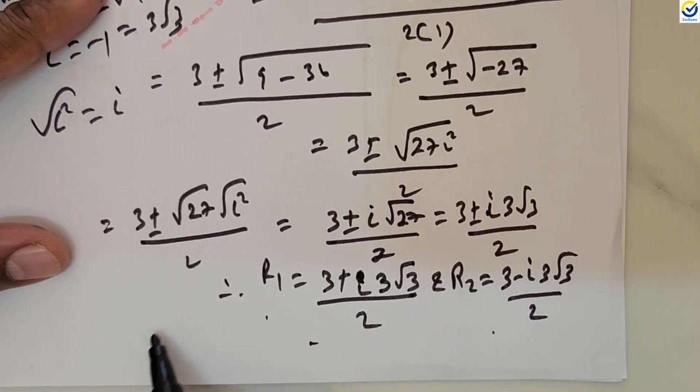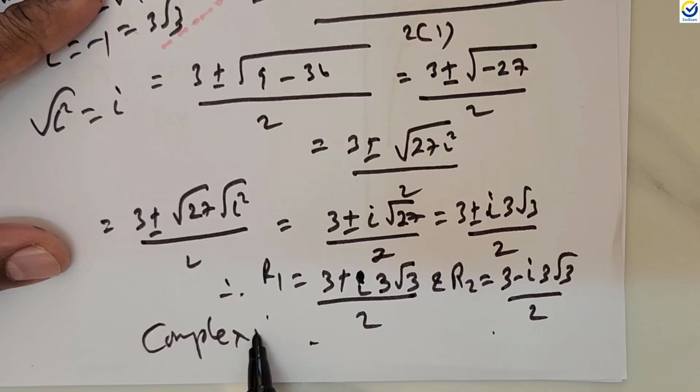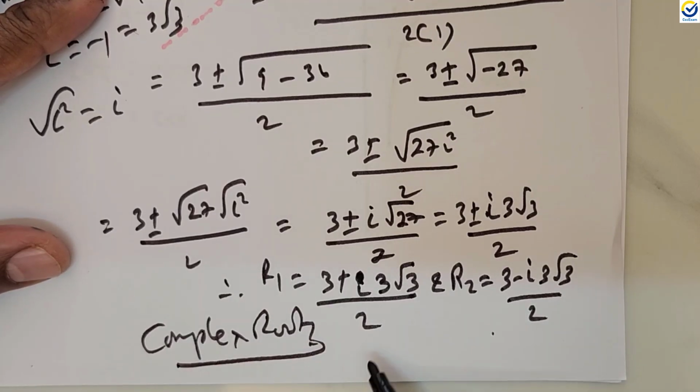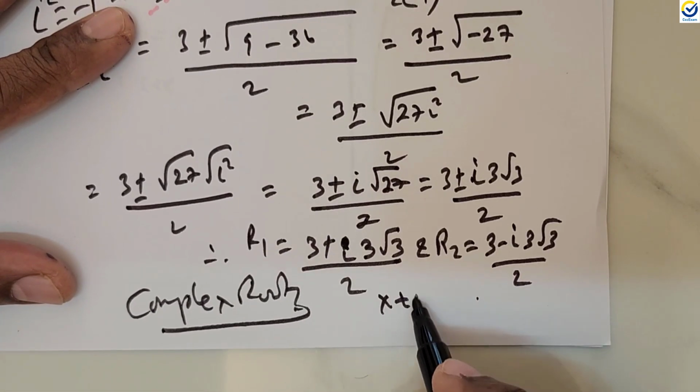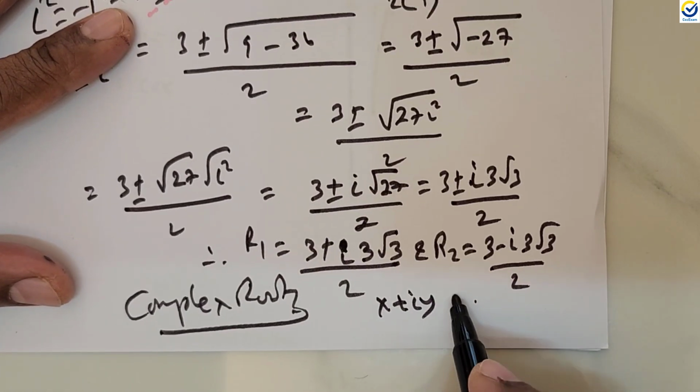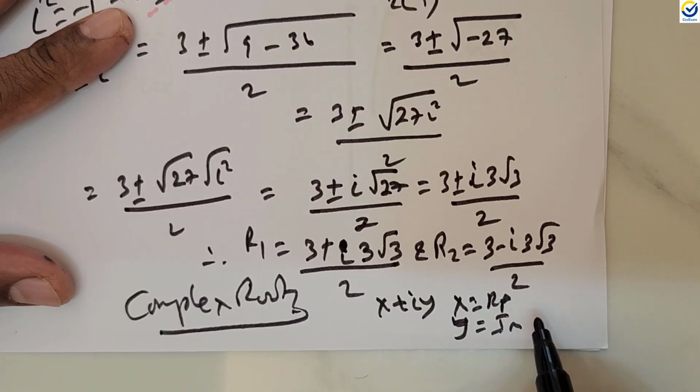Therefore root 1 is (3 + i 3 root 3)/2, and root 2 is (3 - i 3 root 3)/2. Now these are called complex roots. They represent elements of the form x + iy, where x is the real part and y is the imaginary part.